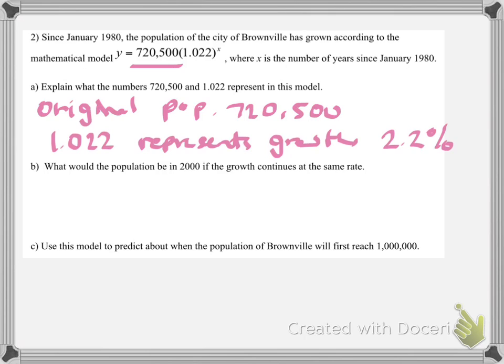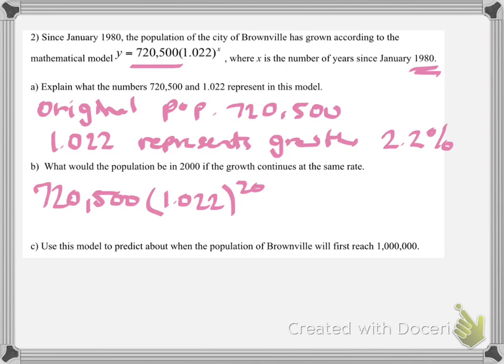So in this next problem, what would be the population in the year 2000 if it continues at the same rate? Well, you would just use the formula that you're given, and you would just plug in the fact that in the year 2000, since we're talking about since 1980, that has been 20 years.